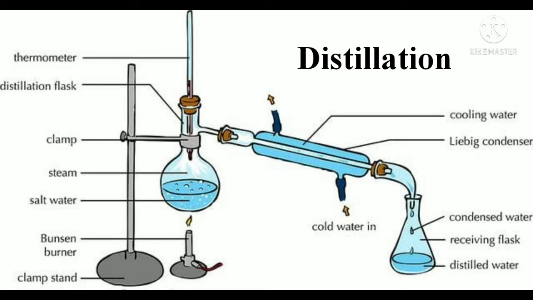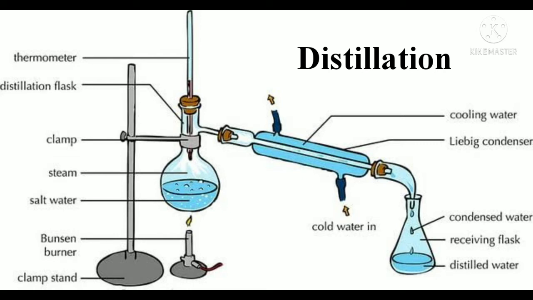The Liebig condenser is where cooling water is also there, meaning one side water will go out and one side water will come in, to keep the condenser cold. Then there is a funnel to the receiving flask, where distilled water, meaning condensed water, is collected. Now we have taken everything: the distillation flask, condenser, thermometer, receiver, tripod, wire gauze, burner and tap water.